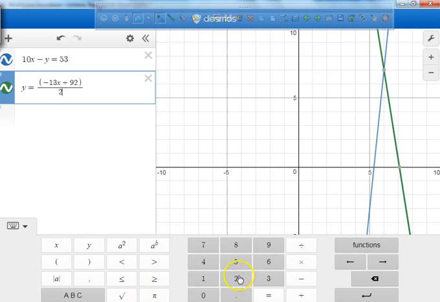So, by the way, here's something you have to do in Desmos, okay? If you're going to do the fraction bar, you've got to make sure you put the numerator in parentheses. Remember that.